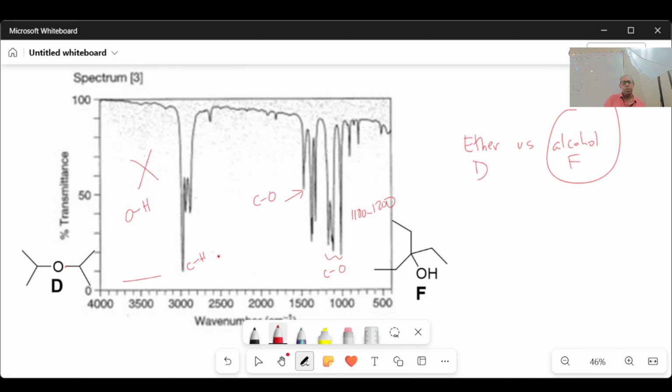You can see those. This also can have the carbon-oxygen, but that would not be very distinguishable. The main thing that helps you to distinguish is the absence of OH in this. So this is compound D. Okay? I'll continue to the next.